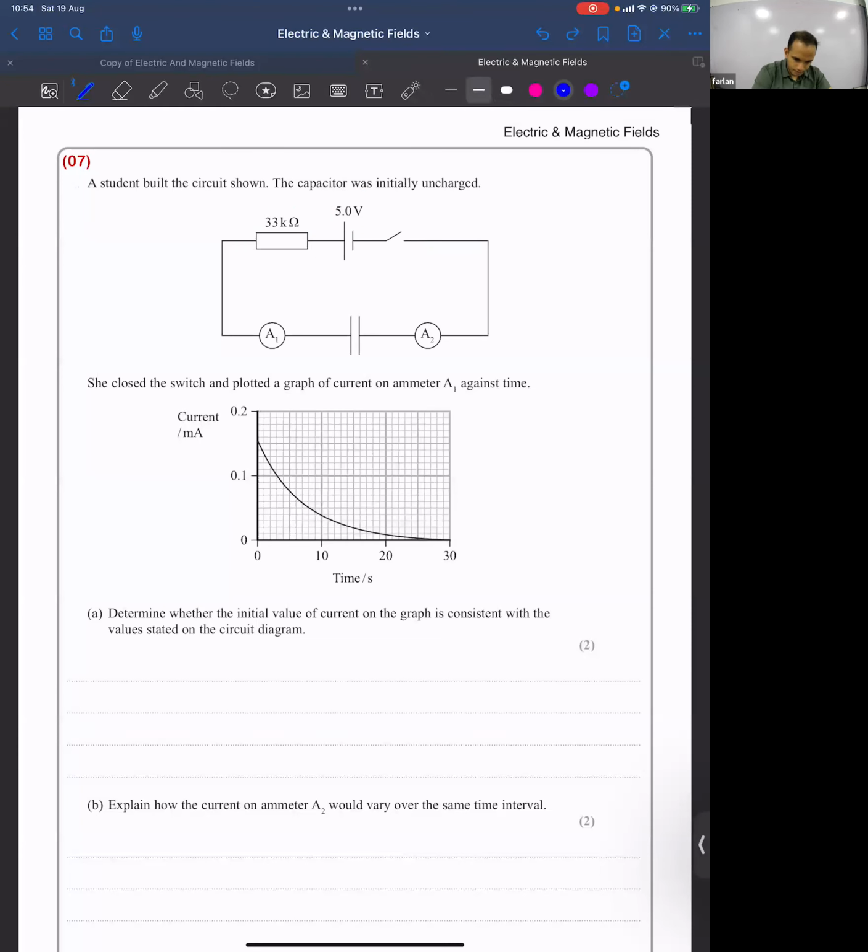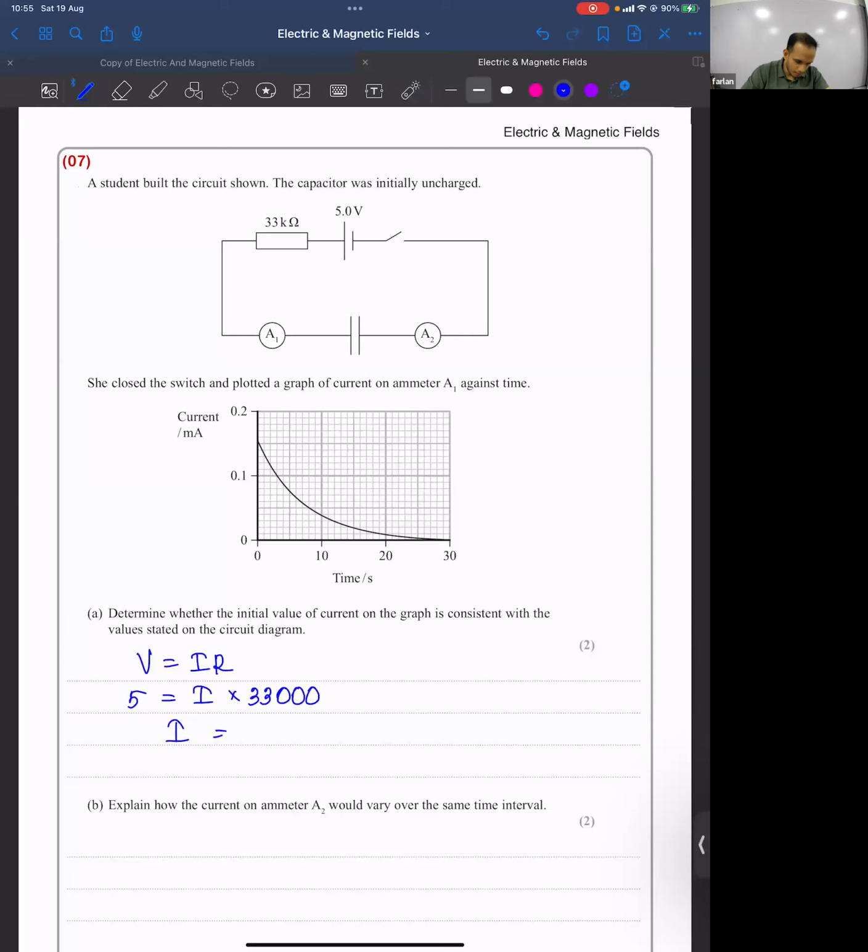If I use V equals IR, V is 5, R is 33,000. So I equals 5 divided by 33,000, which is 1.5 into 10 to the power minus 4 amperes.